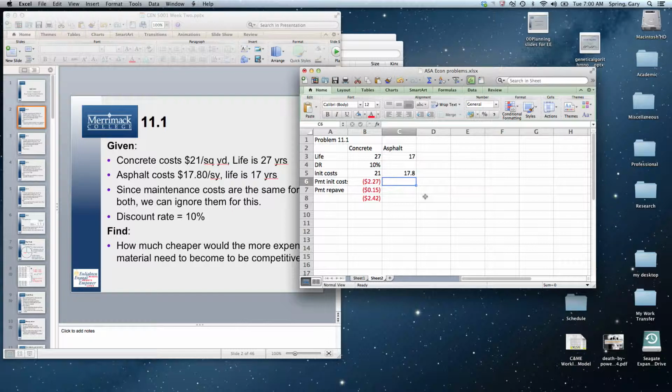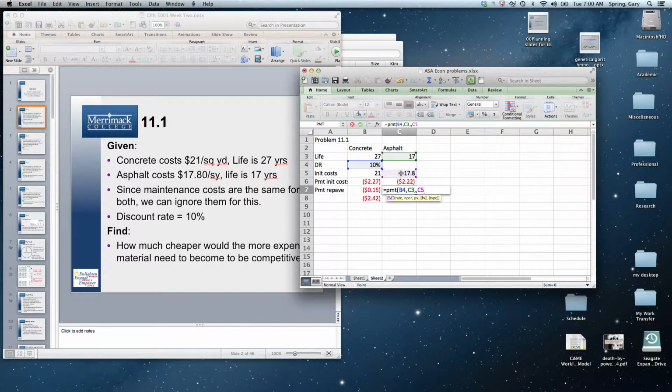For asphalt, we're going to do the same thing. Rate, number of periods is 17 because it only lasts for 17 years before it needs to be repaved. And the present value of that is this. And then again, we're going to do the payment for the repave in 17 years. And it's not a present value now, it's a future value.